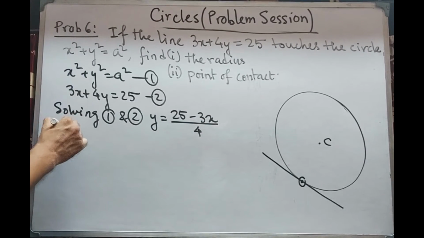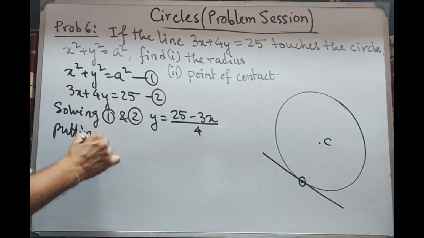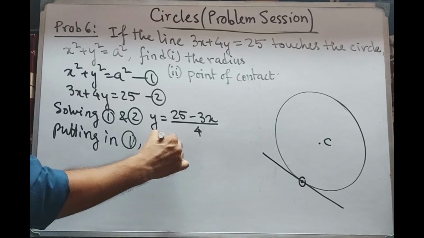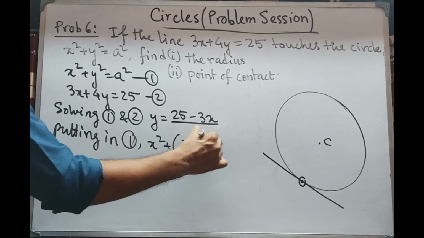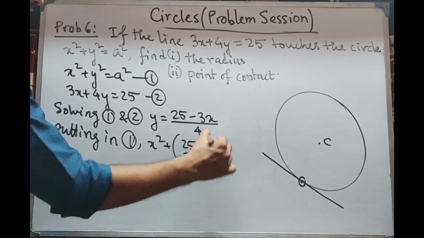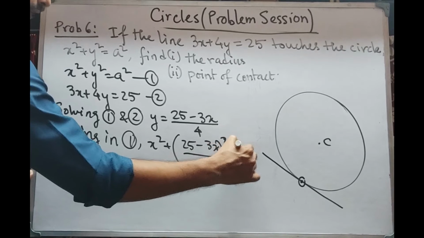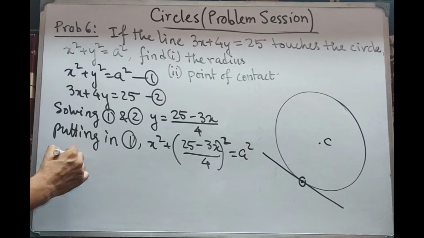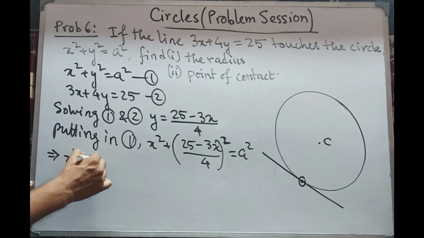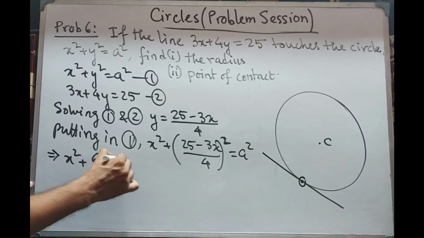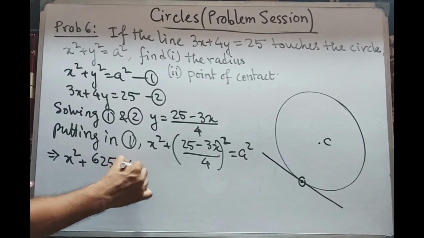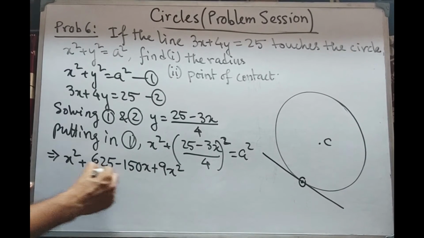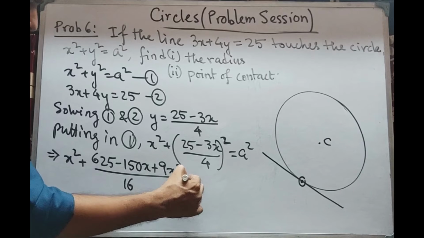And if I put it here in 1, we can have x square plus (25 minus 3x by 4) whole square is equal to a square. So we can say it's x square plus (625 minus 150x plus 9x square) divided by 16 is equal to a square.